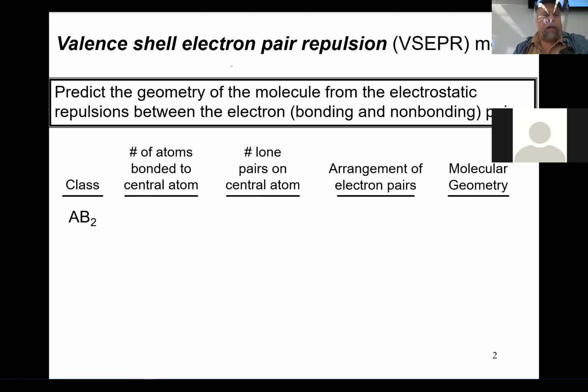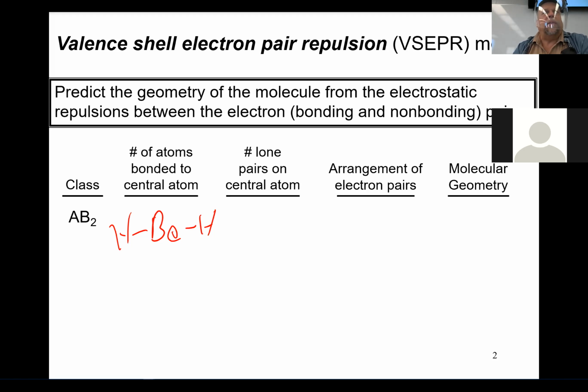Yes, CO2, okay? So essentially you have one in the middle, or it could be even simpler than that. It could be like beryllium, BeH2, like this, okay? So how many atoms are bonded to the central atom?